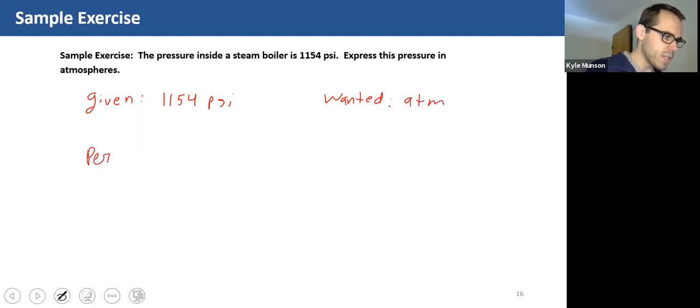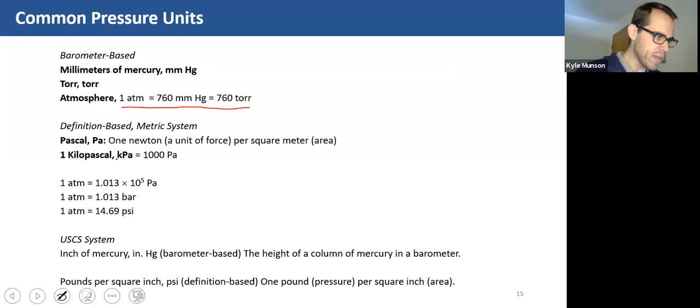So what's our conversion? If we go back to the table, we know that for every 1 atmosphere, there's 14.69 psi. So that's what we're going to use.